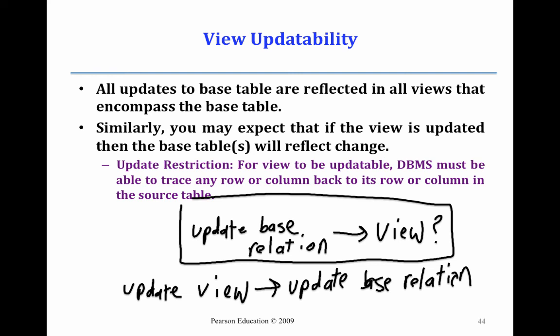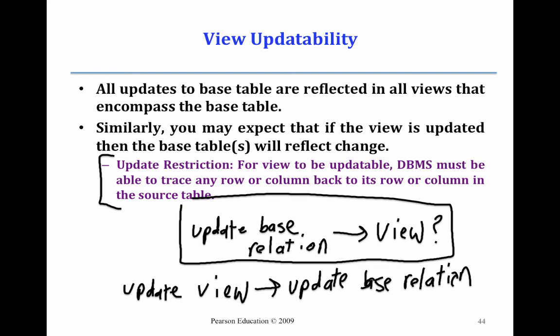But the interesting question is, suppose we want to update the view, meaning we want to insert a new tuple into the view. Will that propagate the tuple back into the underlying base relation? And the answer is yes, provided this update restriction is in place.